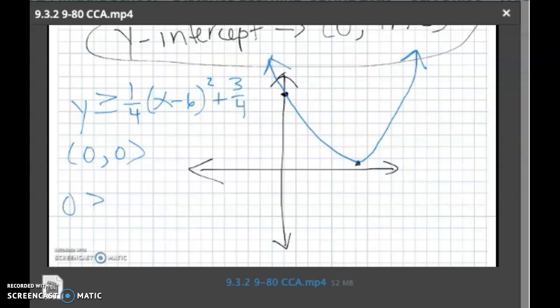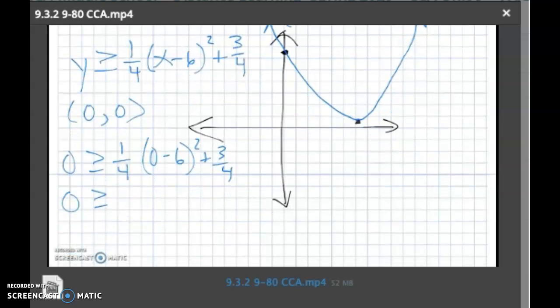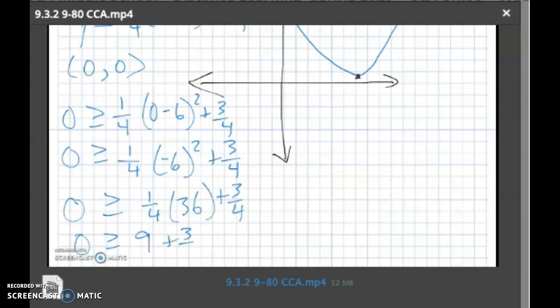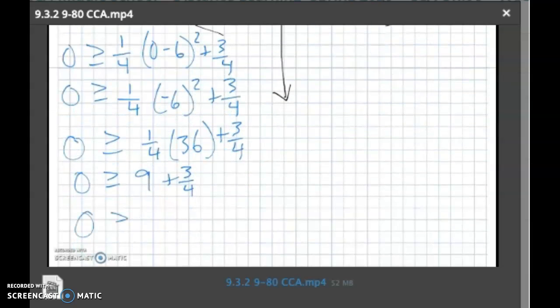So y is 0, my x is 0. So we get that 0 is greater than or equal to, let's see what we get in here again. So we're going to get kind of the same thing we were seeing before. 0 is greater than or equal to 1/4 times 36 plus 3/4. 0 is greater than or equal to 9 plus 3/4. All right, so now we get that 0 is greater than or equal to 9.75.